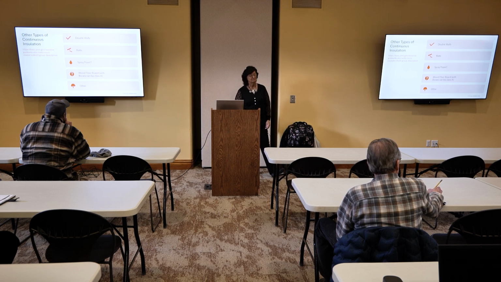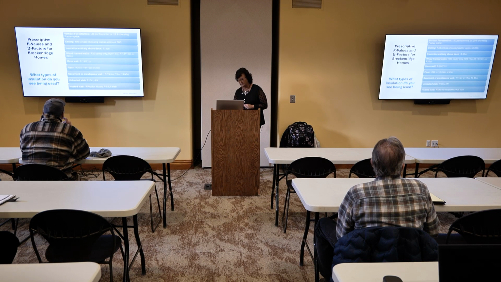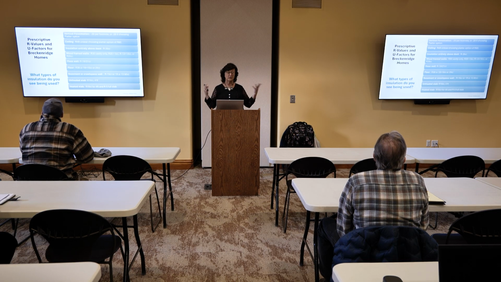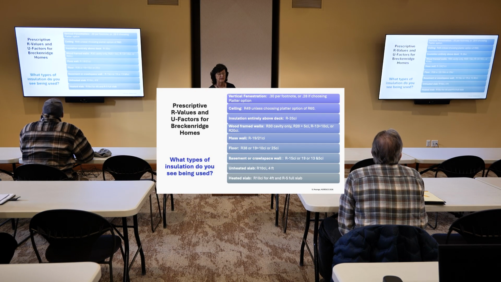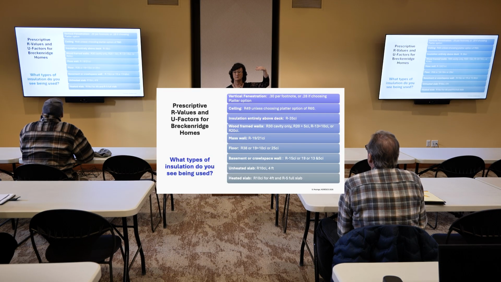All right, so here's Breckenridge's envelope requirements. For insulation, a ceiling R49, unless you go to the package options and you want to do R60 because you chose the platter. R49 is the base. If you do insulation above deck, now residential has an option for that.